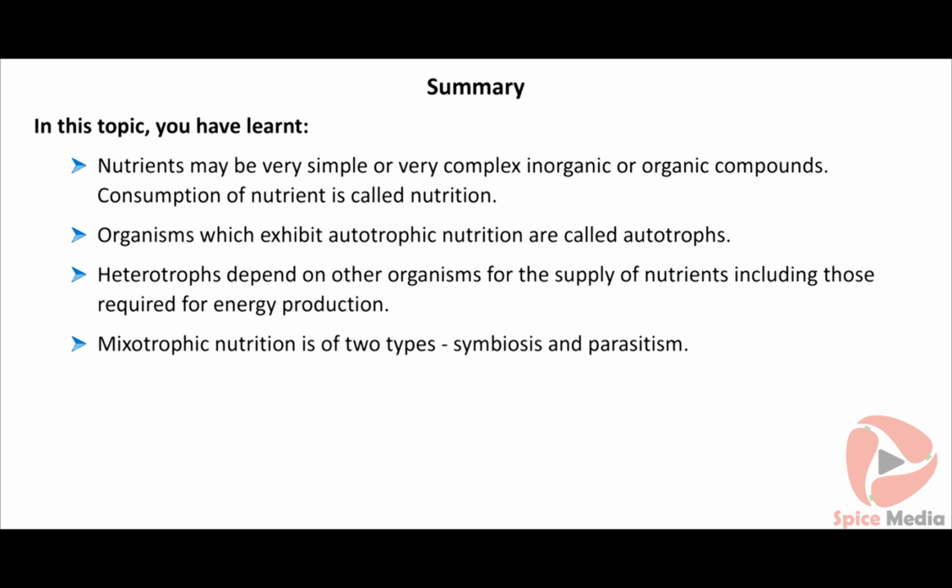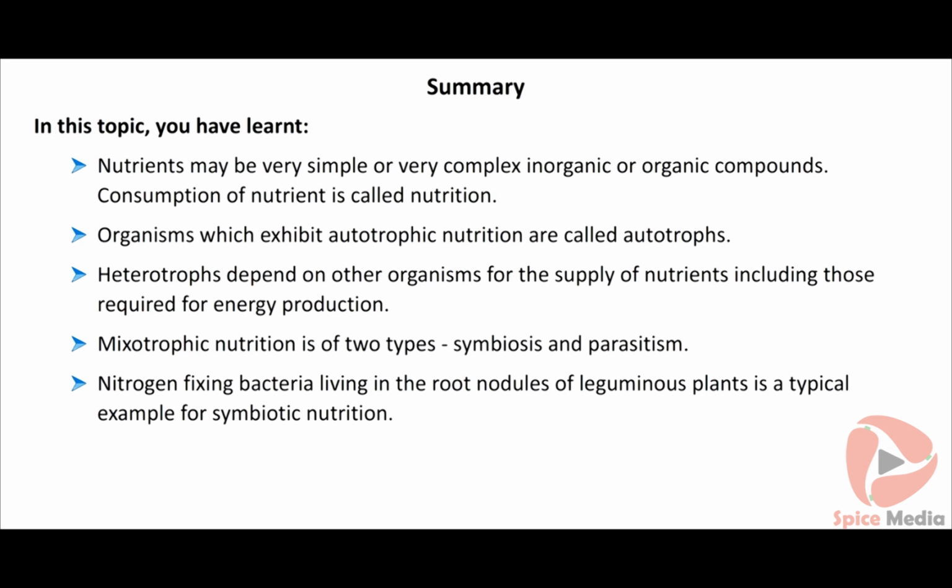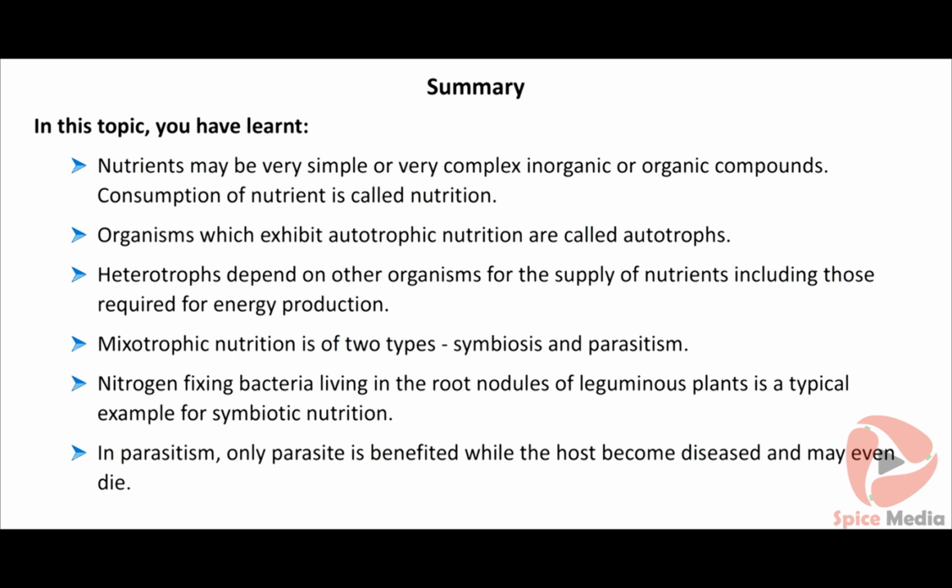Mixotrophic nutrition is of two types, symbiosis and parasitism. Nitrogen-fixing bacteria living in the root nodules of leguminous plants is a typical example for symbiotic nutrition. In parasitism, only the parasite is benefited, while the host becomes diseased and may even die.